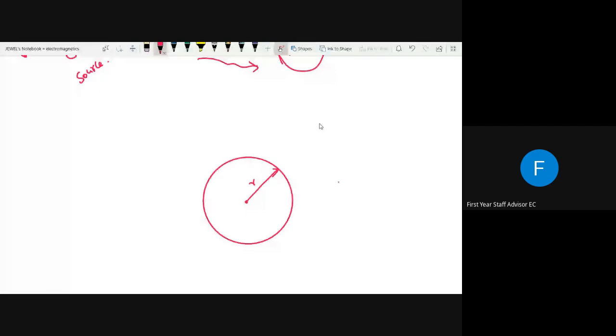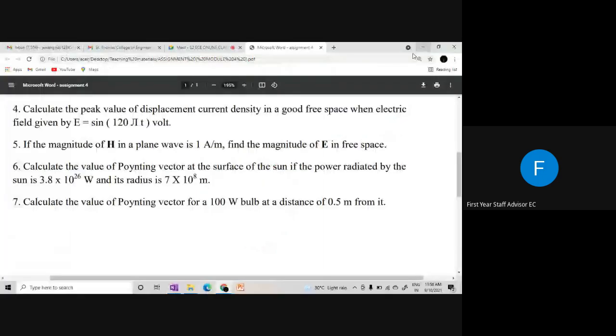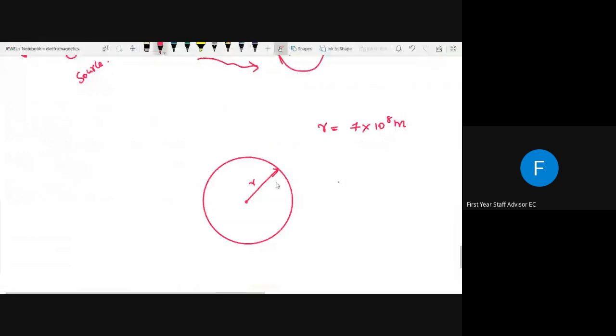Radius given as 7 into 10 raised to 8 meter, and also given that power radiated from sun is 3.8 into 10 raised to 26 watt. Then we are asked to find what is the value of Poynting vector.